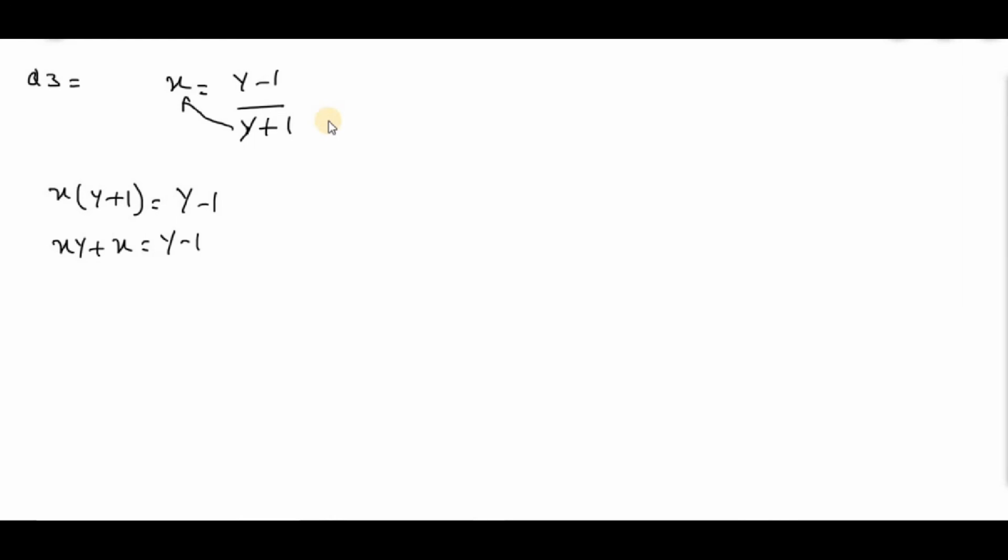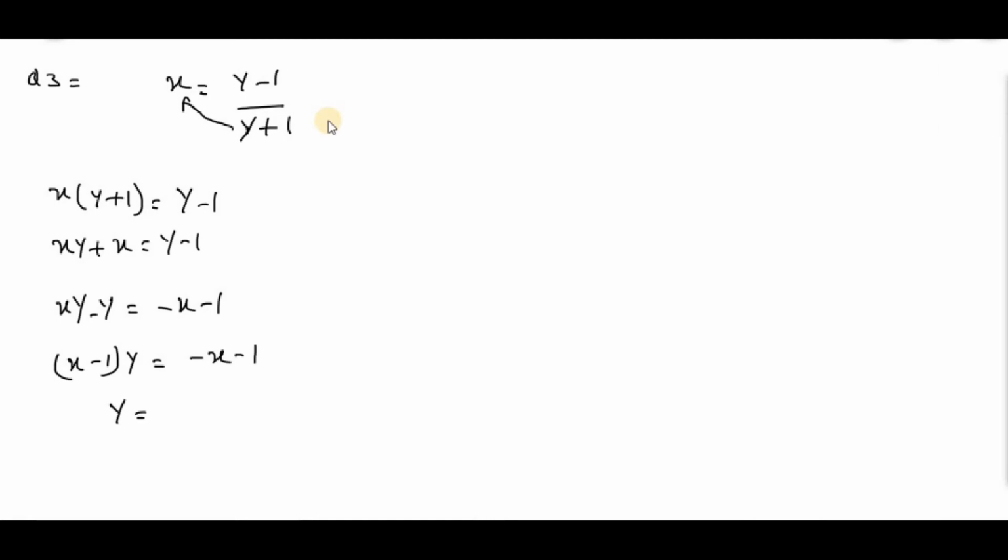Since we have to find out the range, we have to arrange the variables of the function in the form that on the right hand side we get x and on the left hand side we get y. So we can rearrange it as xy minus y is equal to minus x minus 1. So (x minus 1) y is equal to minus x minus 1.